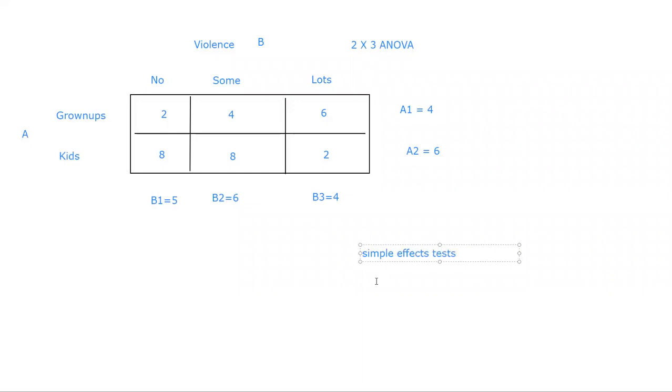Sometimes they are called, just to be really confusing, simple main effects tests. Not to be confused with the regular main effects, the simple effects tests are basically chasing down all of these pairwise differences or intercell differences that we're talking about, in order to describe the pattern of the interaction that we found that was significant.